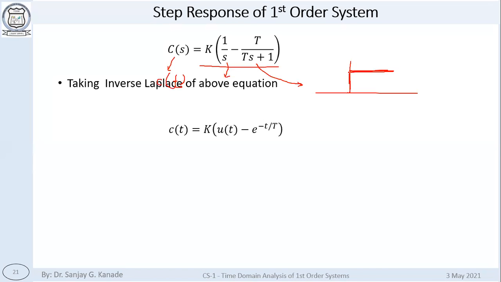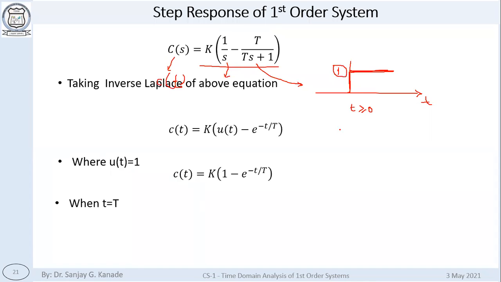Its value is 1 for t greater than or equal to 0, and for t less than 0, it is 0. So we can substitute U of t as 1 in this equation, and therefore C of t becomes K into (1 minus e raised to minus t by capital T).